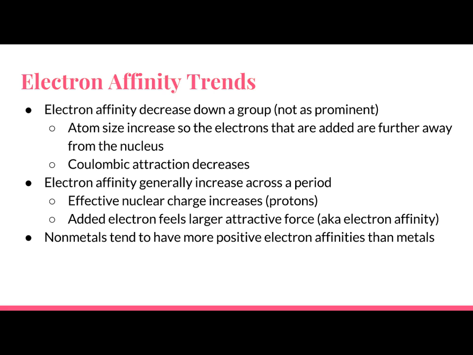And then it increases across a period, because there are more protons added, so the effective nuclear charge increases, and it creates a greater attractive force. So the added electron feels a greater attraction to the nucleus because of the larger Zeff. And then nonmetals also tend to have a more positive electron affinity than metals.